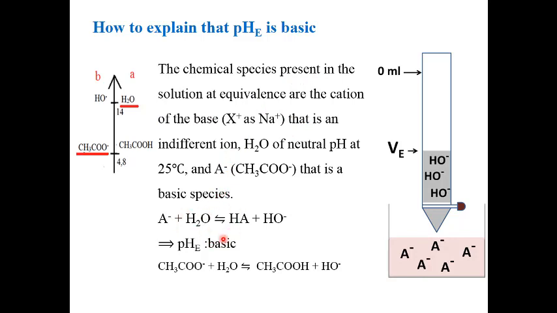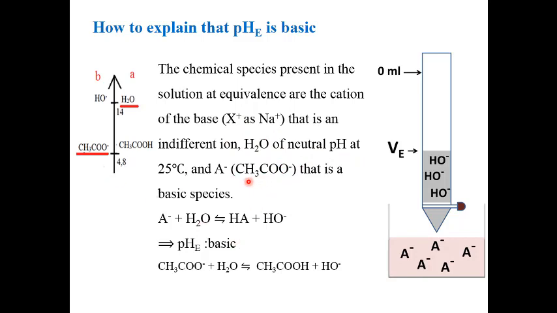Pay attention that at equivalence, if you have to determine the pH, we have to mention all the species present. They are Na plus coming from NaOH, which is an indifferent ion. We have H2O that is neutral, and we have this species we talked about, which is the base.